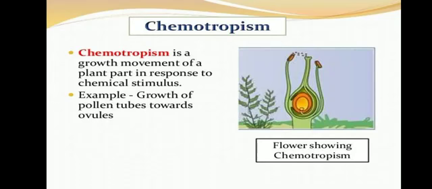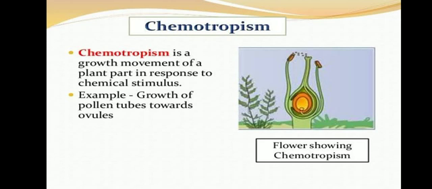Next, chemotropism. It is a kind of growth movement of a plant part in response to a chemical stimulus. See here, the pollen is carried to the flower with the help of insects or by wind. So this pollen moves inwards to the ovule.